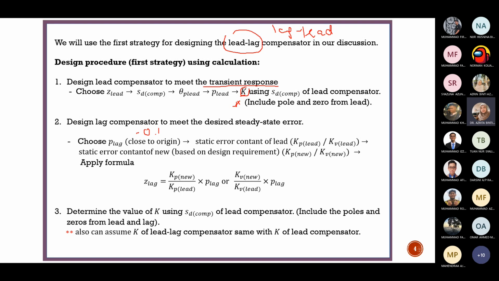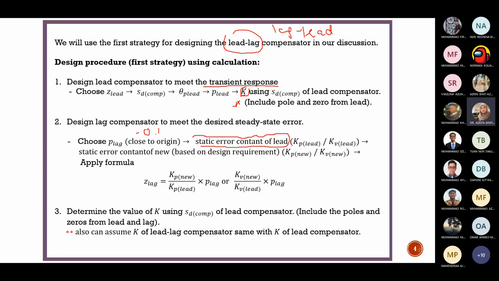Then the formula to design the lag compensator is given by the new static error constant over the old static error constant equal to the zero of the lag over the pole of the lag. So the next step, we will find the static error constant of the lag-lead.